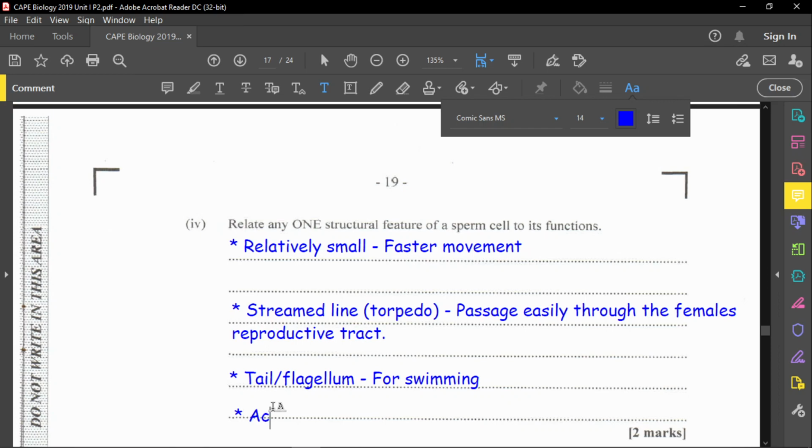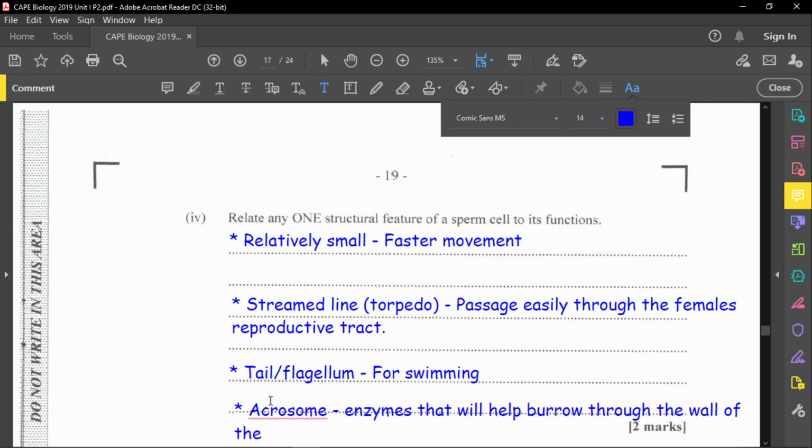So the fact that it contains an acrosome, an acrosome again is where the enzymes will help to burrow through the walls of the egg cell. All right, so that is it.